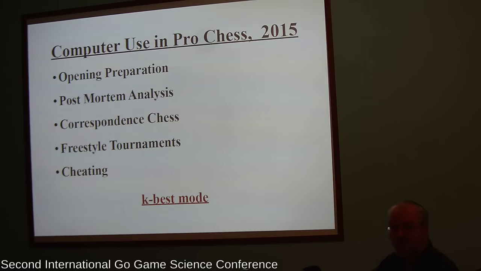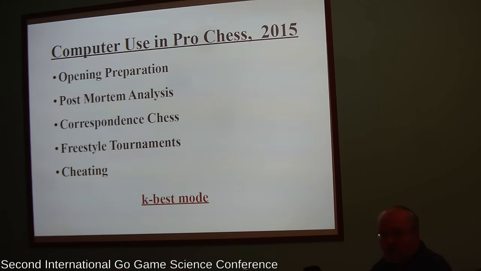Freestyle means one human boss and any help he or she wants to have. 10 machines, 20 books, 10 other humans, and so on. And in the meantime, there are freestyle tournaments with high prize funds, with first prize above $10,000 US. So you really can make money with this computer-aided chess in tournament style.